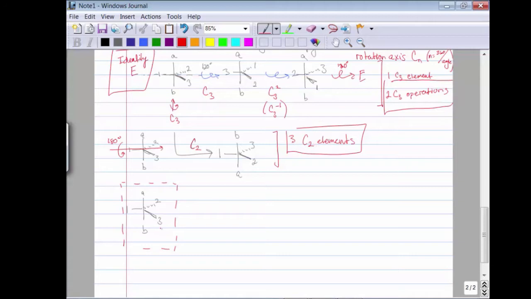All right, so this is a mirror plane, and mirror planes are designated with a sigma. And there's different subscripts that we use depending on what the mirror plane looks like. So a sigma V is a vertical, and it's vertical with respect to the principal axis or the highest order axis.